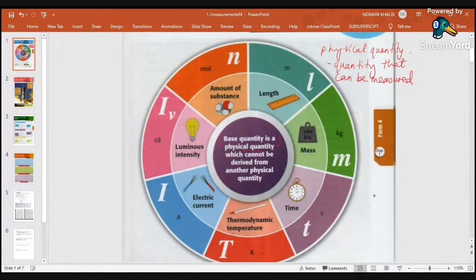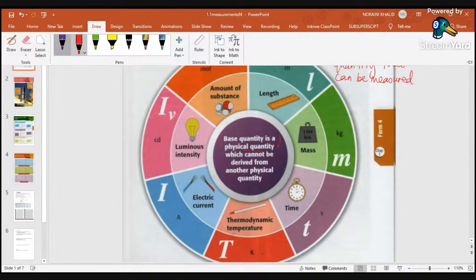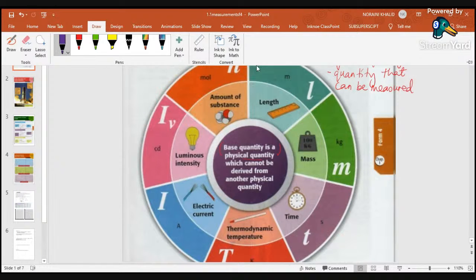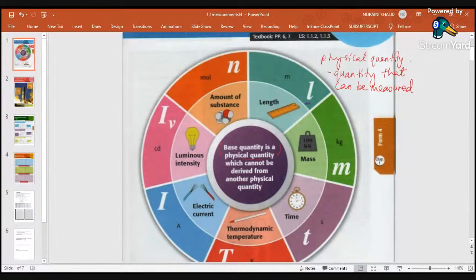Okay, you must be able to list all the base quantities that you have studied. How many that we have here? Okay, the first one we have length. You can see the symbol L and the unit. This is the unit.